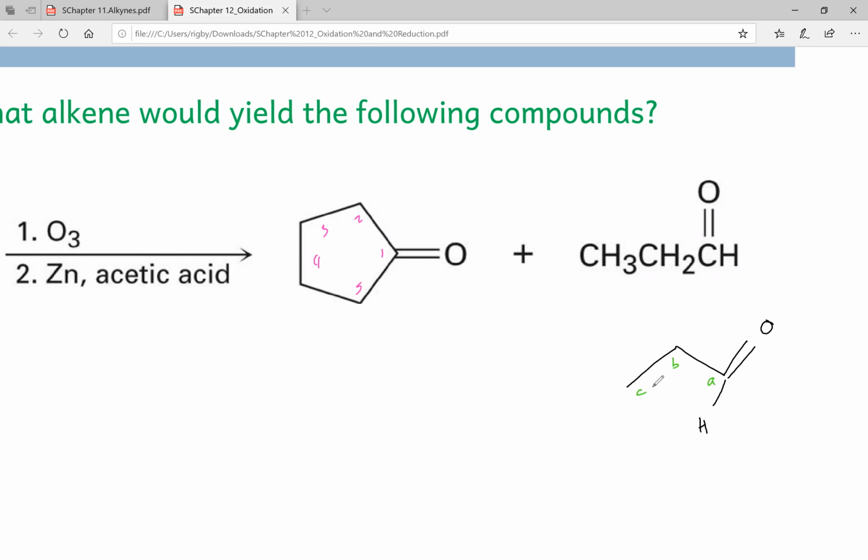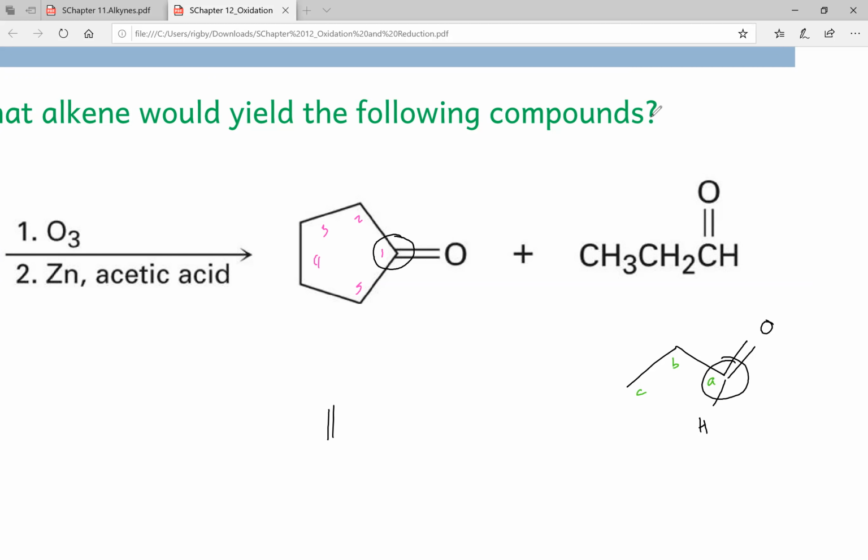Okay? And so now I'm going to draw the double bond, because I know if I did oxidative cleavage, then I started with a double bond somewhere. So I'm going to draw the double bond, and then I'm going to say, okay, carbon 1 was part of the double bond, carbon A was part of the double bond.